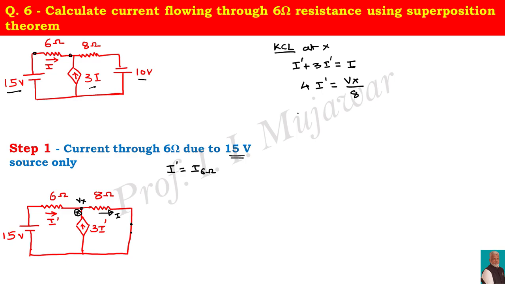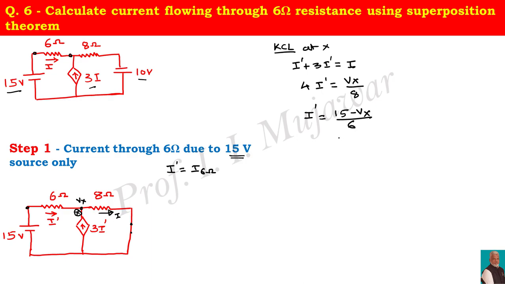The value of I dash: this point is at potential 15 volt and this point is at Vx, so potential difference divided by resistance, I dash is (15 minus Vx) by 6.